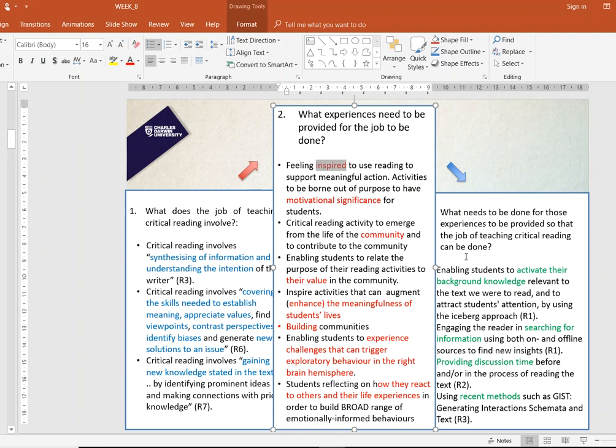Where do you think I got that inspiration concept from? Activities to be born out of purpose, to have motivational significance for students. Where do you think I got it from? The inspired, the motivational significance, the purpose. I got all of this from the concept of literacy.